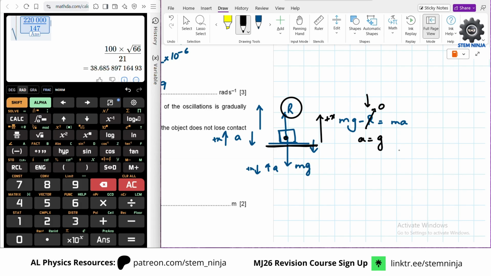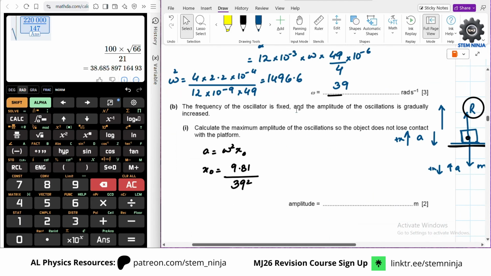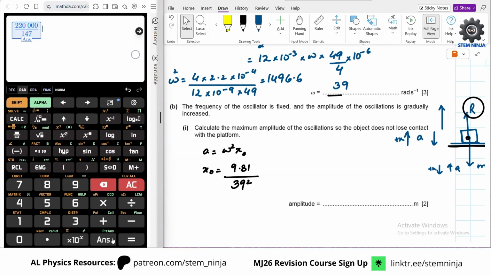So when it becomes 0, acceleration would be g. That means it starts to return back with acceleration equals to g. That's when it will happen. Going back, oh, this is already squared that we have.